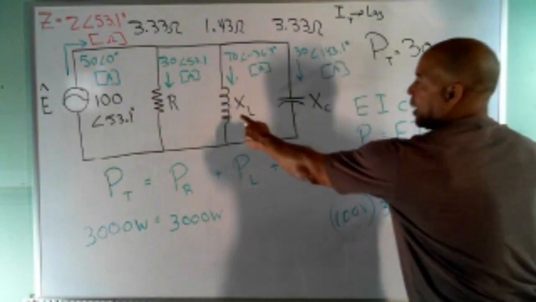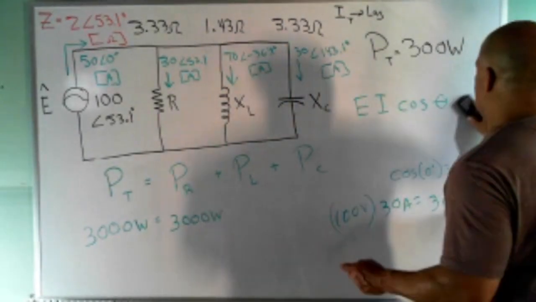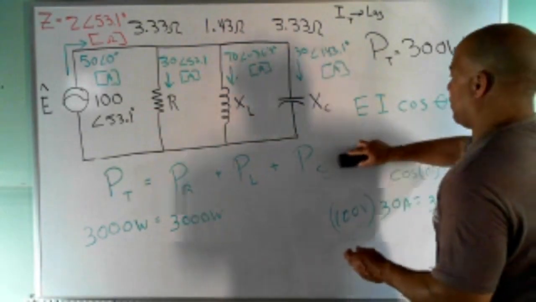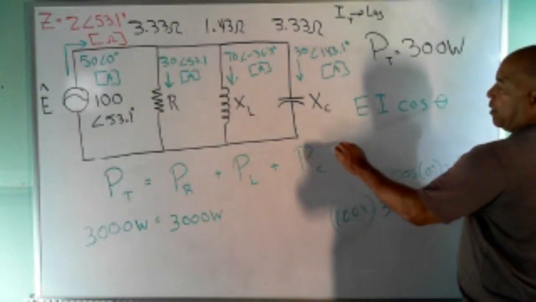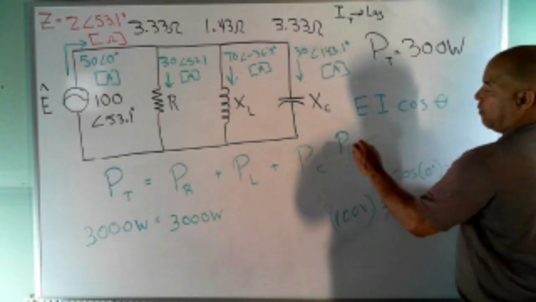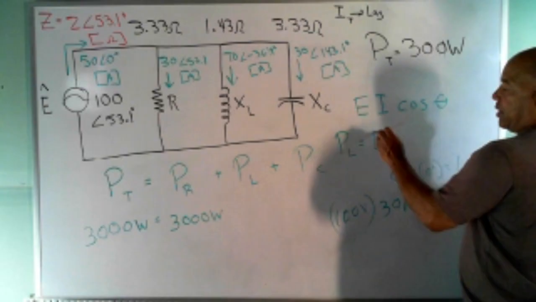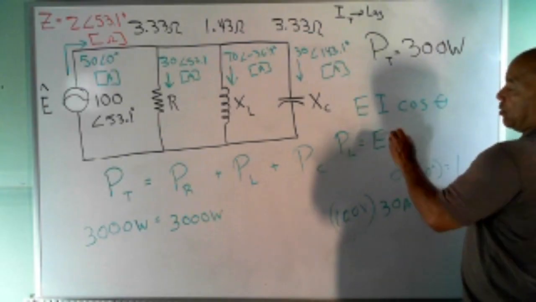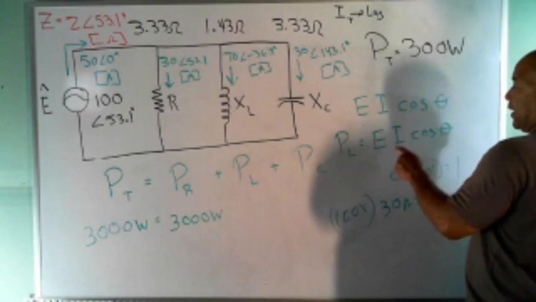So for this right here, if I write the formula for power for PL, the power for PL is going to equal the voltage across the inductor, which is just E, times the current through the inductor, which is IL, times the cosine of the angle between these two.